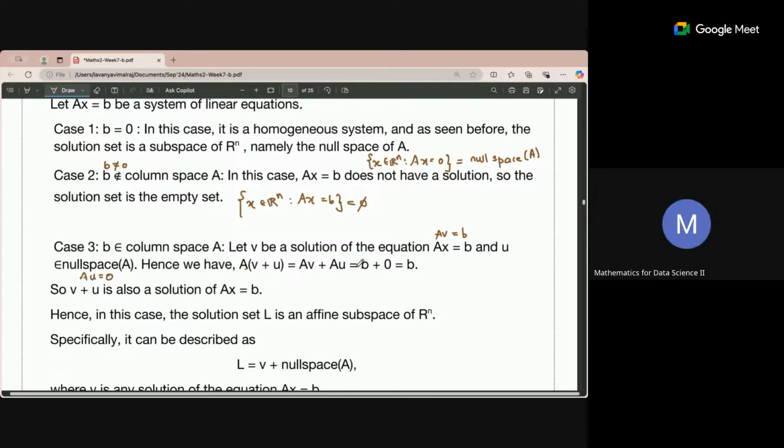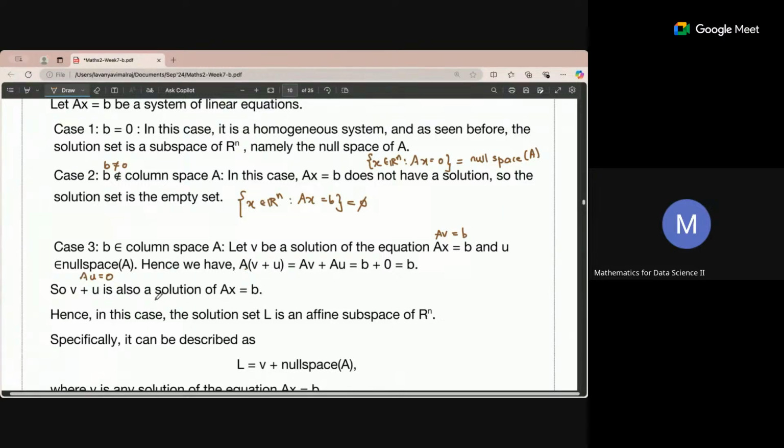So A times (V plus U) is again B. This means V plus U is also a solution of Ax = B. Got it? So V is a solution of Ax = B and U is in the null space of A, which implies V plus U is also a solution of Ax = B.